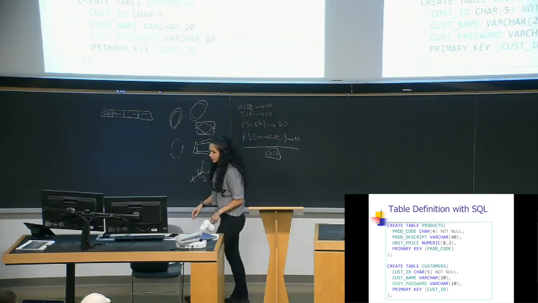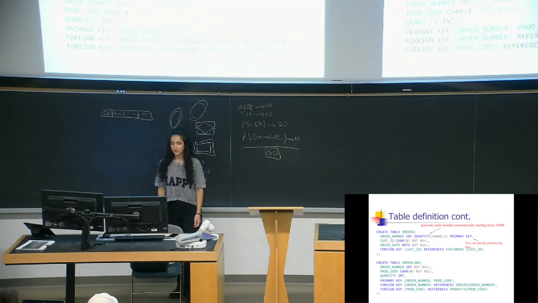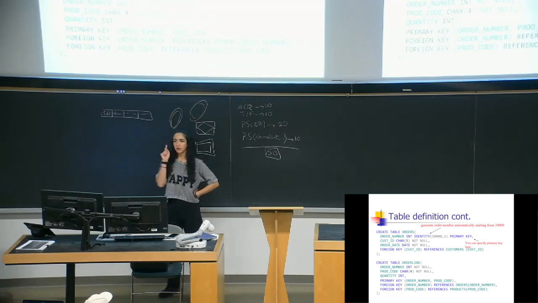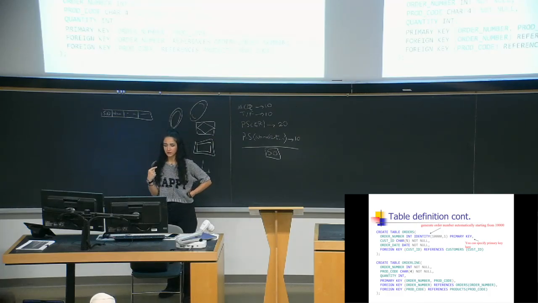Yeah. So as you see in the order table, we only have one foreign key, which is customer ID referencing the customer table. So when you want to create the order table, as long as you have created the customer table, you're fine, right? It could be customer and then order, because it doesn't even refer to the product.